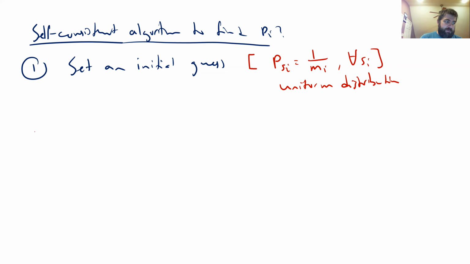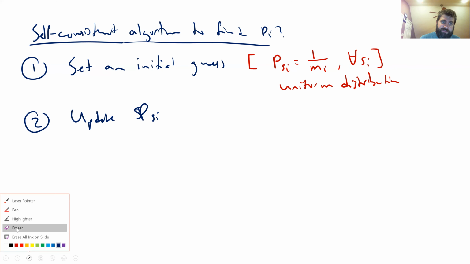Well, then what do we do? Our next step is going to update the probabilities, find new probabilities, using the Boltzmann function that exactly we're looking for.